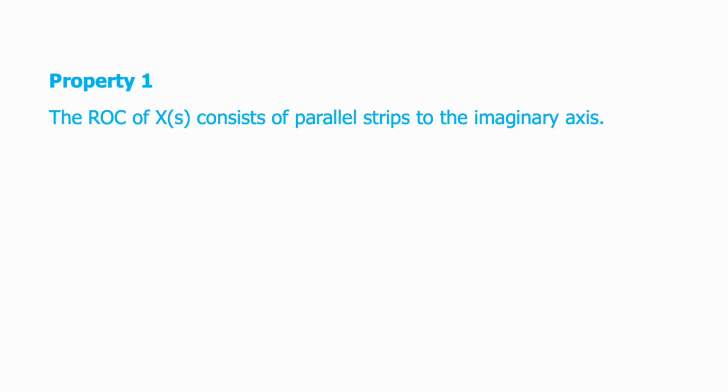It has 7 properties. Property number 1: the region of convergence of X(s) consists of parallel strips to the imaginary axis. So you all know that this is the y-axis, this is the x-axis, this is sigma, this is j omega.